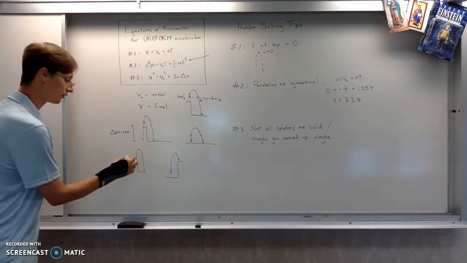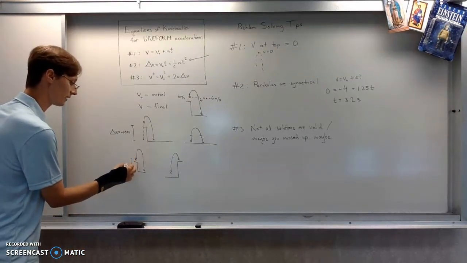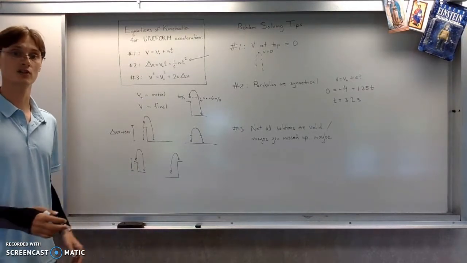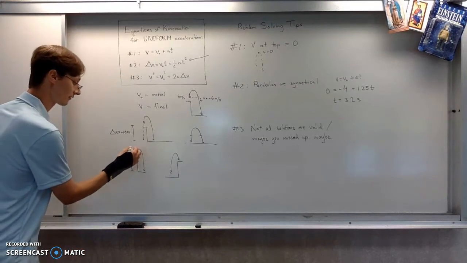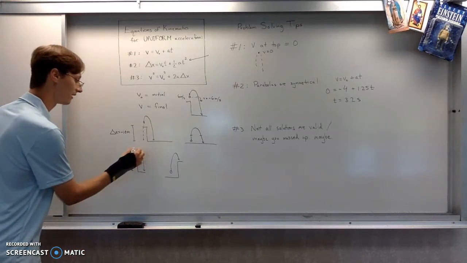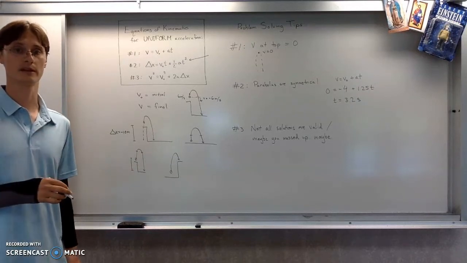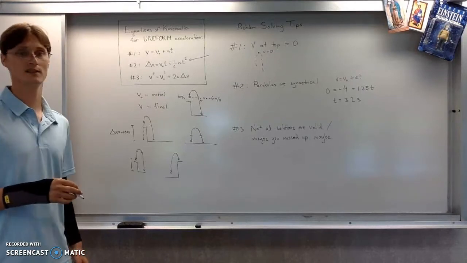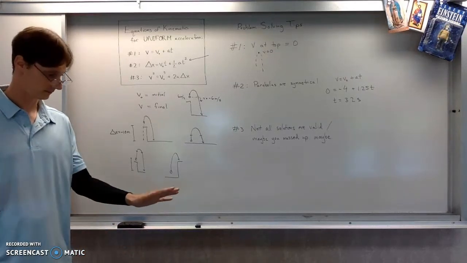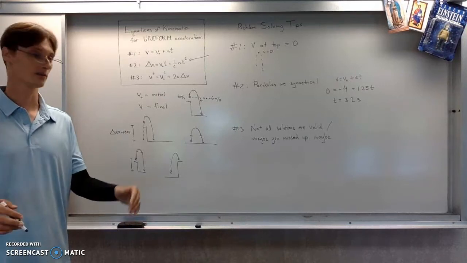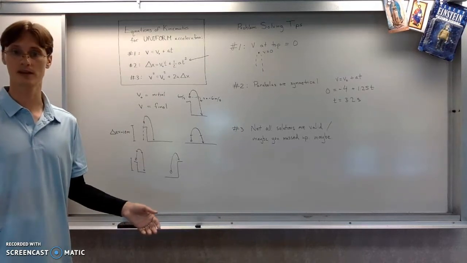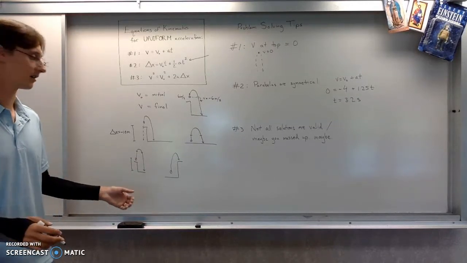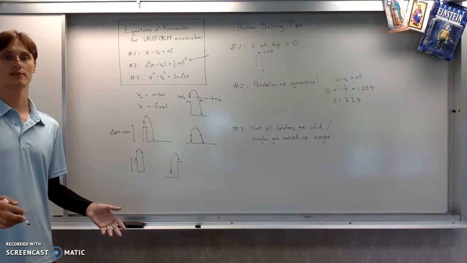Well, if you said that the displacement was, say, positive 5 instead of negative 5 like it should be, you could accidentally be solving for the two times when it will be 5 meters above where it started. All right, so if that happens to you, then again, you messed up. Okay, and so therefore, check back over your signs. Think about which way is up and which way is down. And in this case, that would be exactly what went wrong, because you should have had a negative displacement.